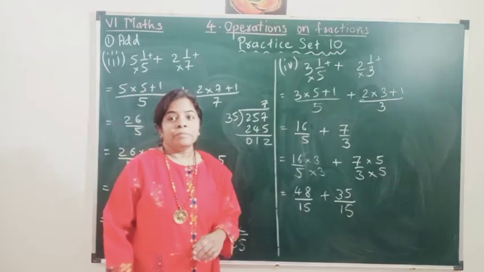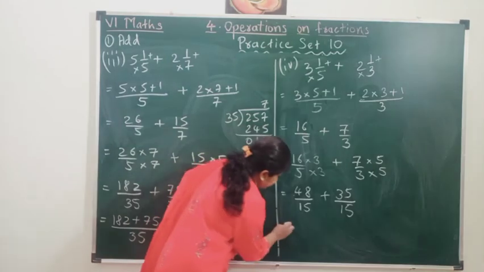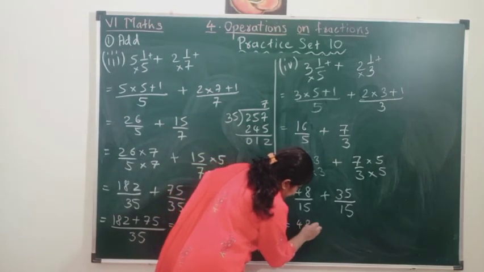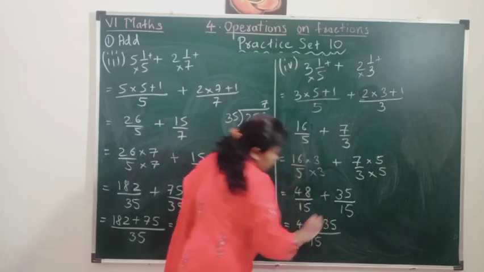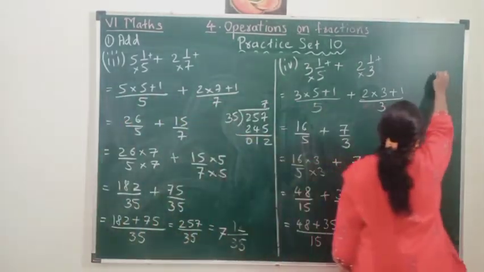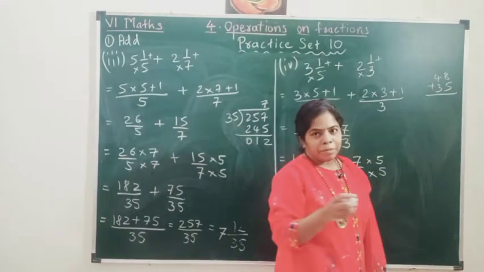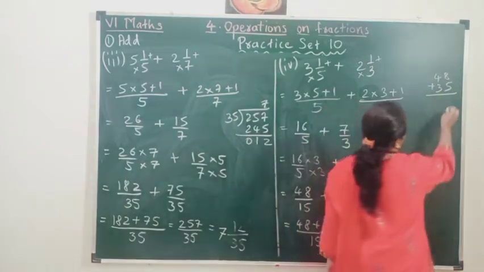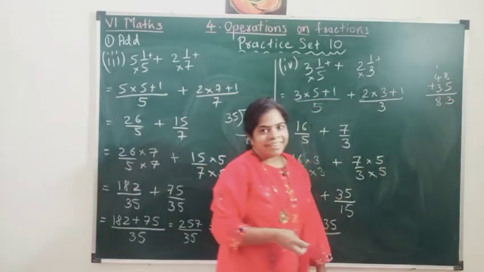Now let us add both of them by taking a common denominator. 48 plus 35. 8 plus 5, 13. 83 is the answer.